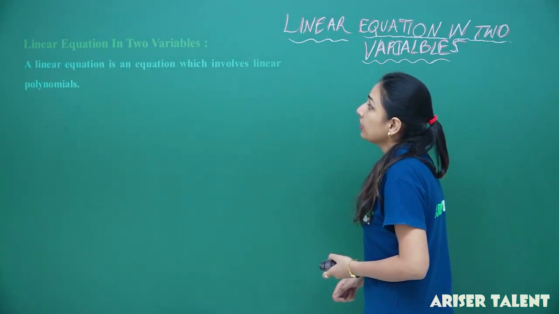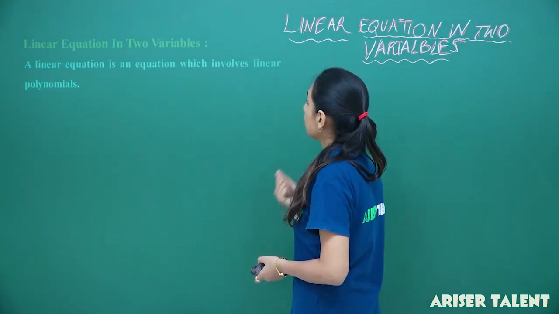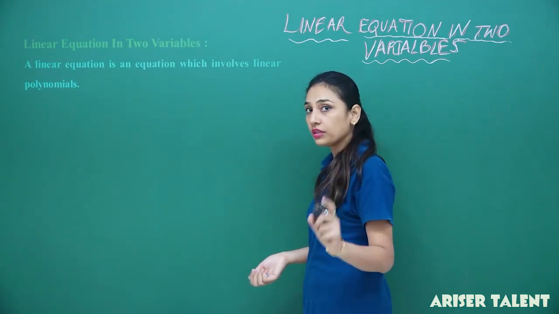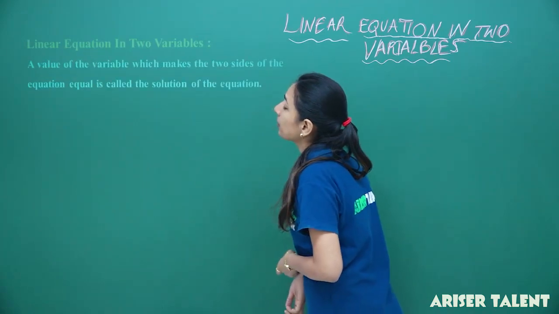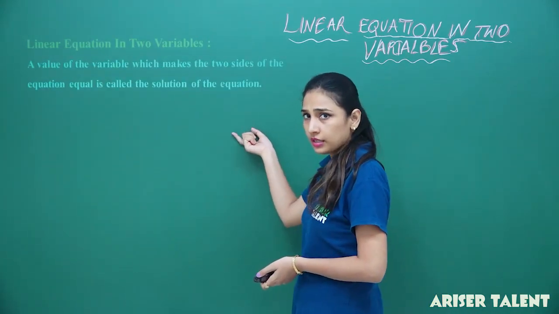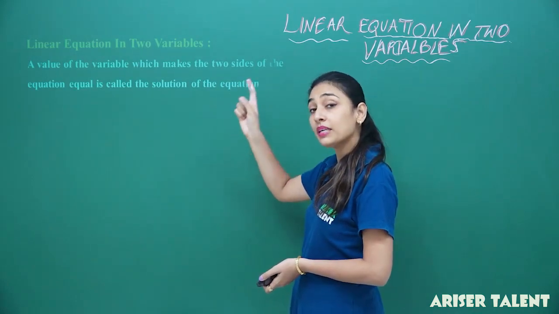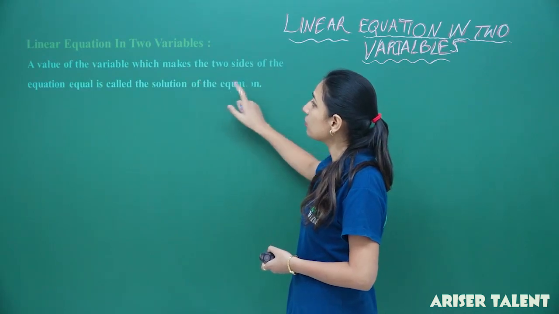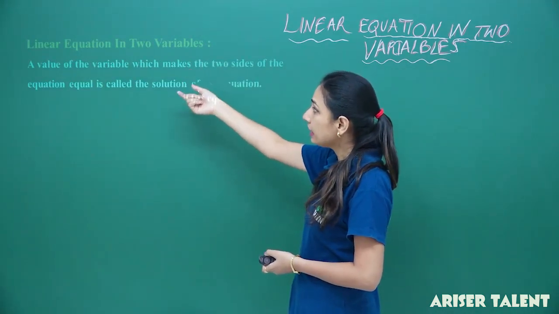A linear equation has the highest power 1, but here we have two variables, so that will be known as a linear equation in two variables.